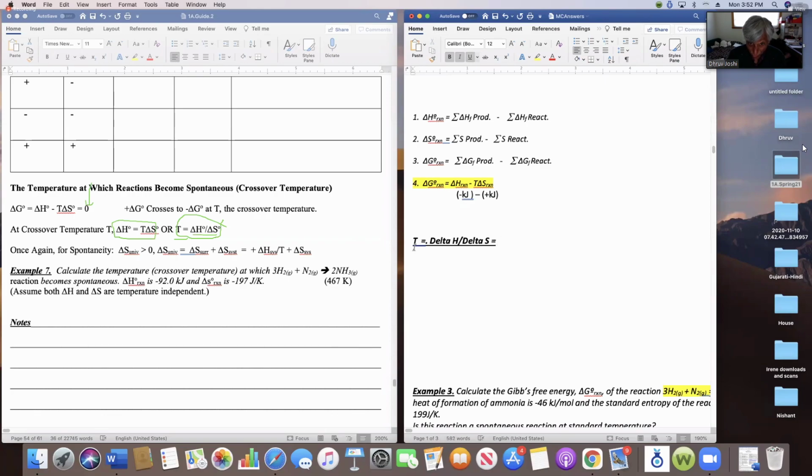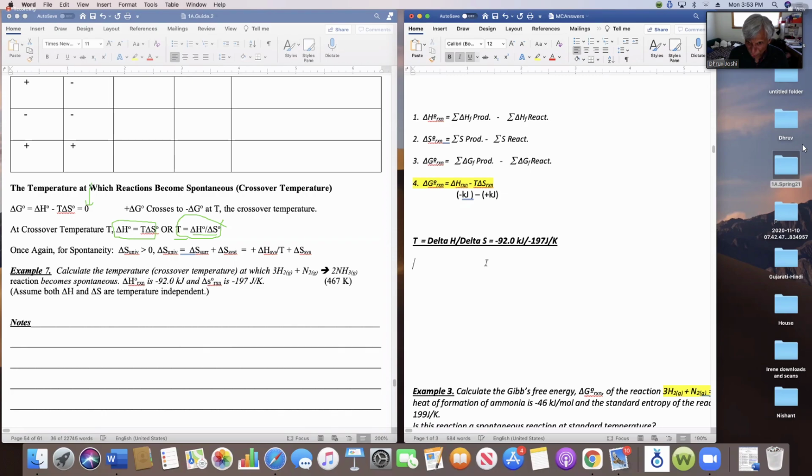This is crossover temperature T. That equals minus 92 kilojoules, 92.0, may as well write that down, 92 kilojoules divided by minus 197 joules per Kelvin.